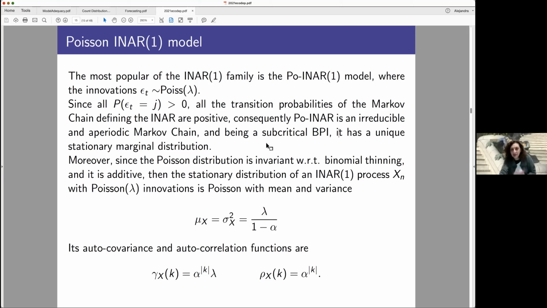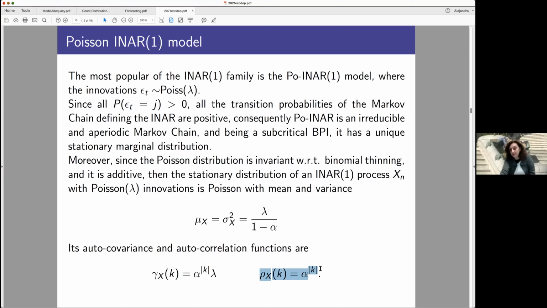And since the Poisson is invariant with respect to the binomial thinning, the stationary distribution of an INAR(1) process with Poisson innovations is itself Poisson with mean and variance given by lambda divided by 1 minus alpha. And the autocovariance and autocorrelation functions are here.